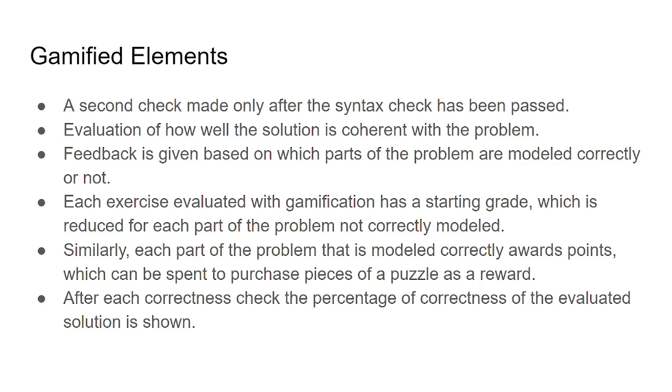But in the same way, if you model correctly some parts of the problem, you will receive the corresponding points for that part of the problem, and these points can be stored and used on the exercise page to purchase pieces of a simple puzzle as a reward. You will also be able to see after each correctness check how well, in terms of percentage, your solution was made. So in terms of how correct, on a range of 0 to 100, your solution was.